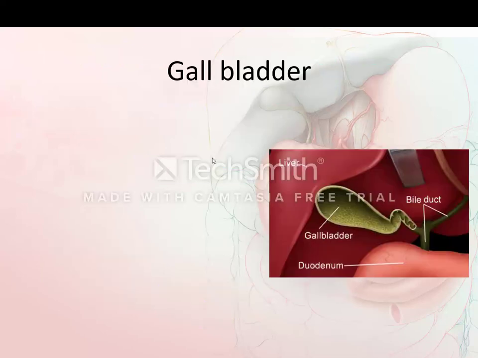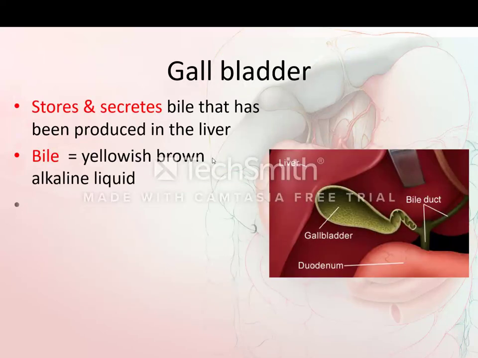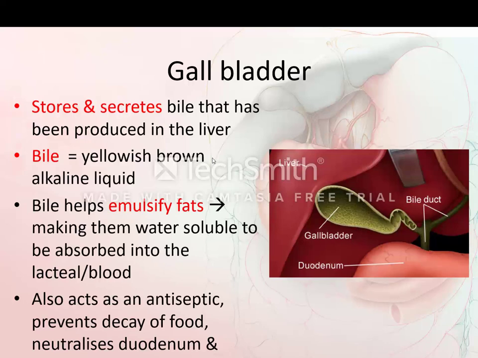All right. The next accessory organ that is involved in digestion is the gallbladder. Now, the gallbladder stores bile. Please, guys, it's important. It doesn't make bile. Bile is made or produced in the liver. And that bile, the liver cannot keep it for itself.